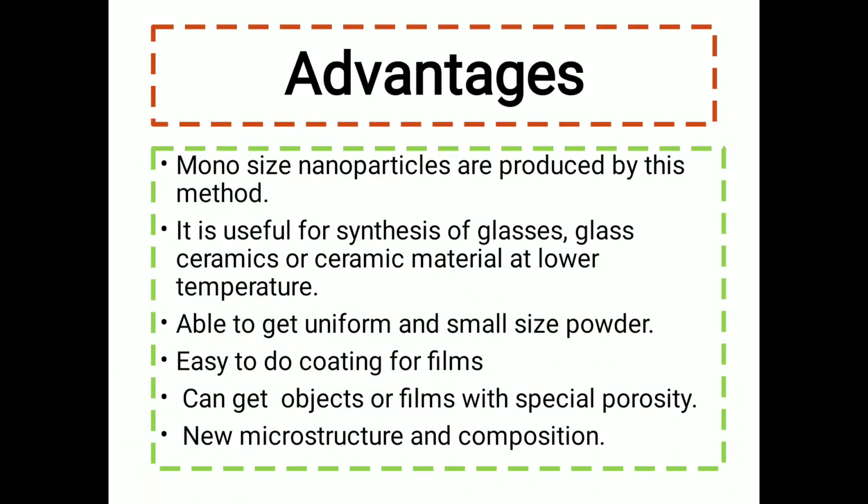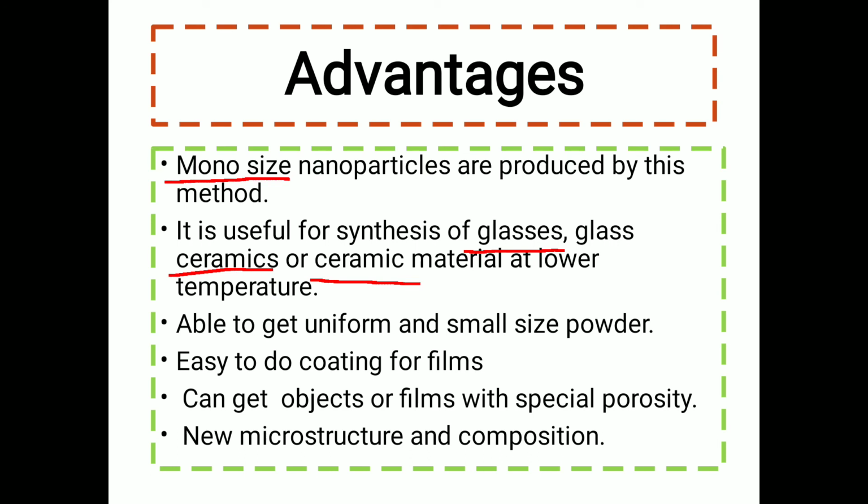Now the various advantages of the sol gel process are: in this method monosize, meaning single size, nanoparticles are produced. It is useful for the synthesis of glasses, glass ceramics or ceramic materials at very low temperature.